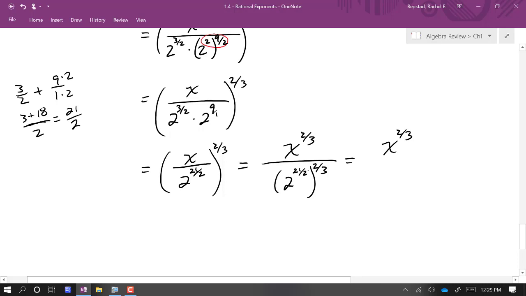The bottom, I'm going to multiply those exponents. So 2 cancels with 2, 3 goes into 21 7 times, and that's 2 to the 7th. So we can leave it that way, or you can multiply out 2 to the 7th, or do it on your calculator. I think you get 128.